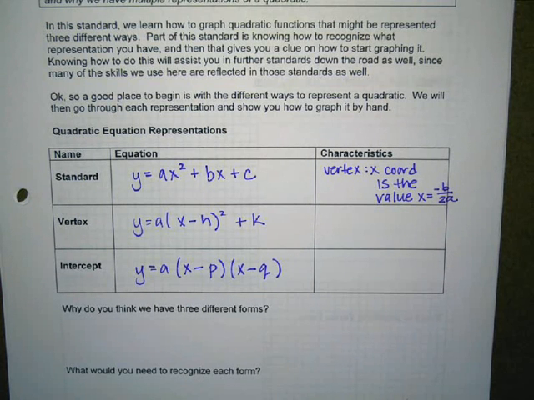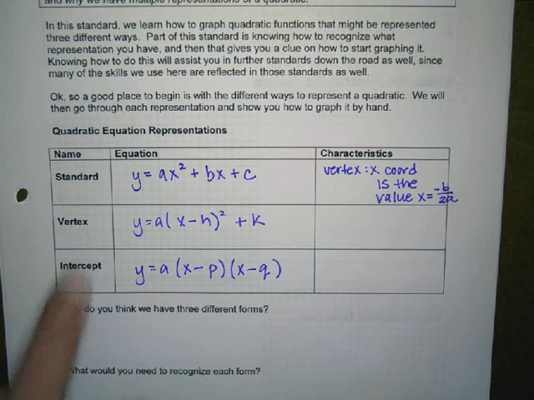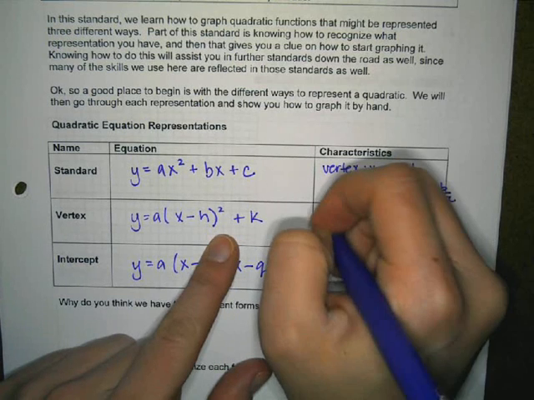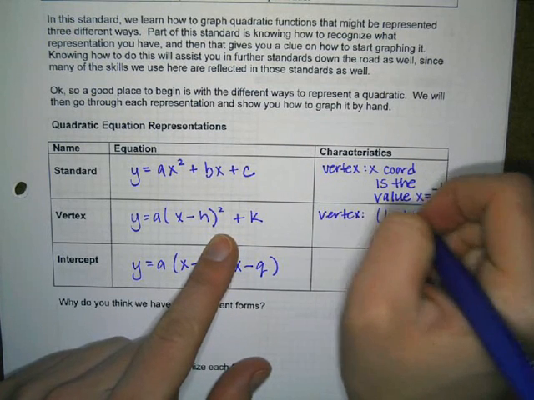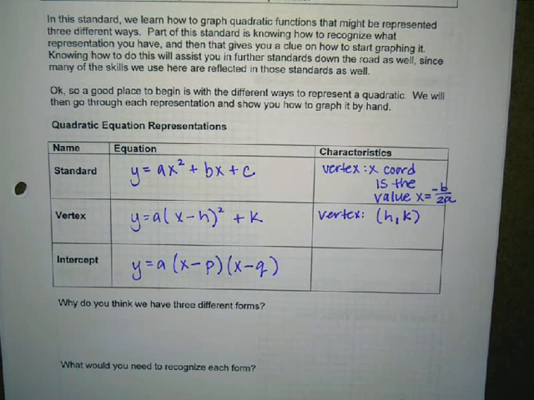The reason that doesn't work for the other 2 forms is you have an a, but you don't have a b value in either one of the other ones. In the vertex form, the reason it's called vertex form is you can easily pick out the vertex, because the vertex is your h and your k value.